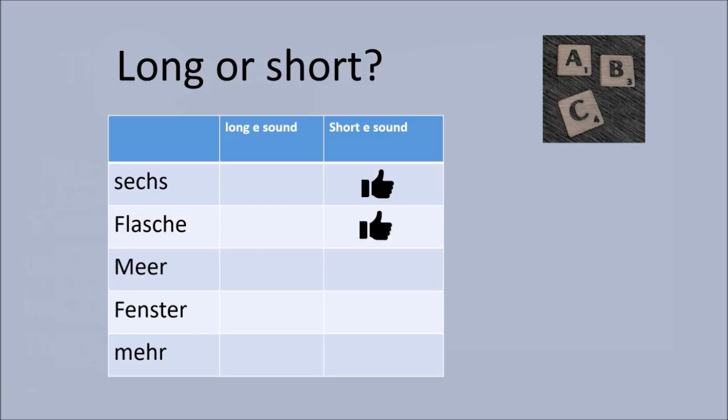Flasche, that's the short E at the end. Meer, Fenster und Meer. So both those two words are pronounced the same, but the sea, or the ocean, is spelled with a double E, and if you want a bit more of it, it's EH.